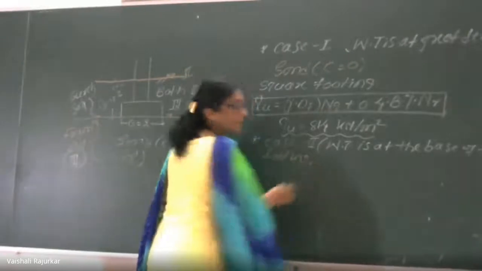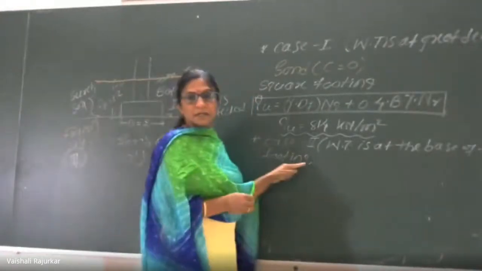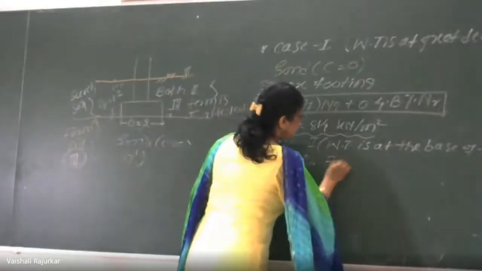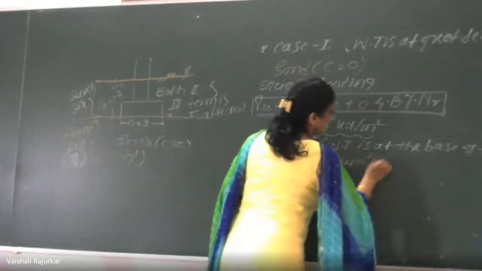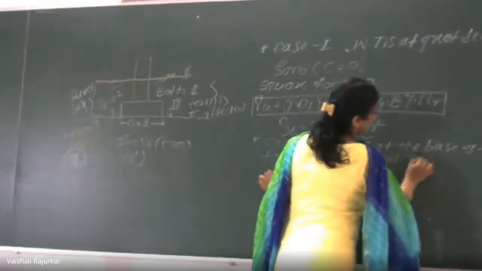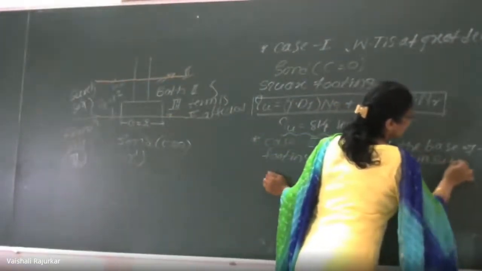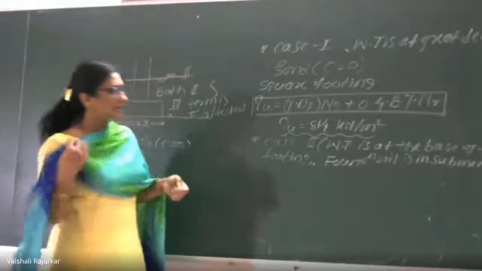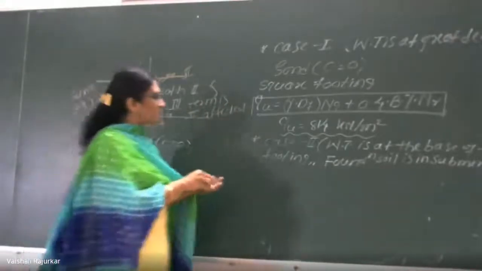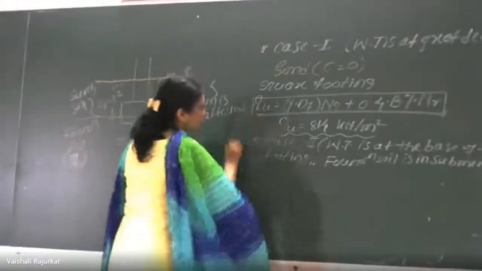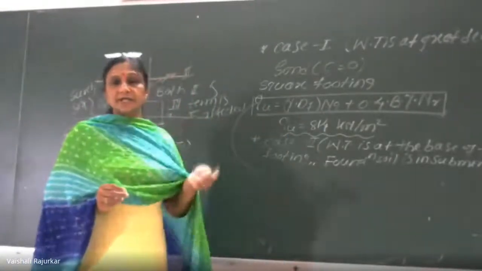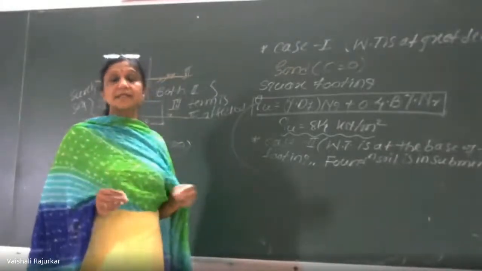So when it is at the base of the footing, the foundation soil is in a submerged condition. Submerged soil is the third term where the soil is in a completely submerged condition. So here, what we will do, instead of multiplying the third term by the reduction factor, we will just take into consideration the gamma submerged.